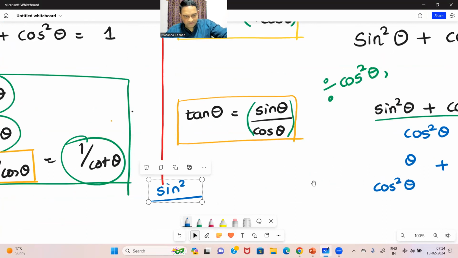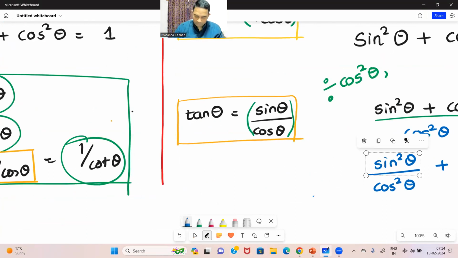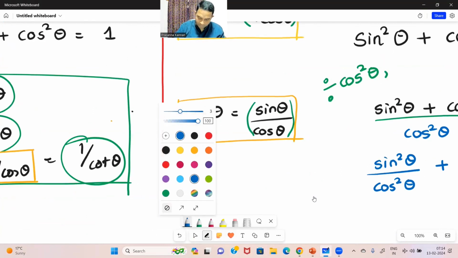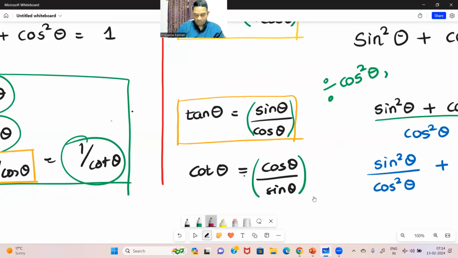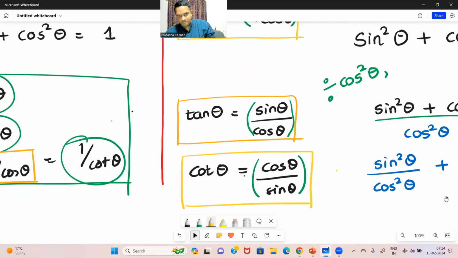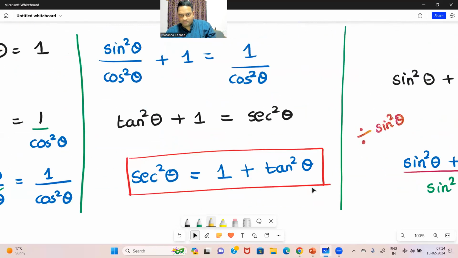Cot theta I can write it as, clear? Okay. So what will be cot theta? Cos theta by sine theta.